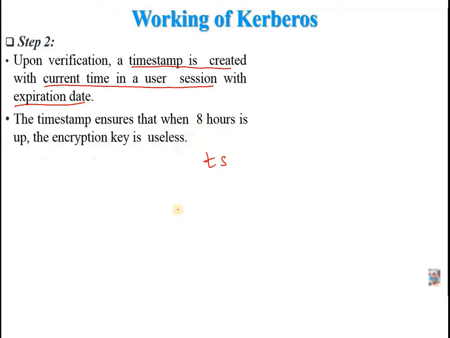The TS is created with the current time, that is, the time at which it is generated, along with the expiration date. The timestamp ensures that when 8 hours is up, the encryption key is useless. This means the timestamp's validity is up to 8 hours. Once it crosses 8 hours, your encryption key becomes useless. This is the second step.